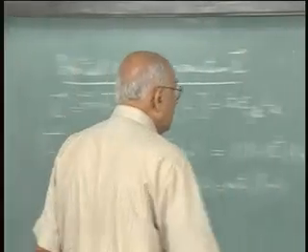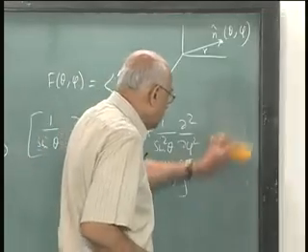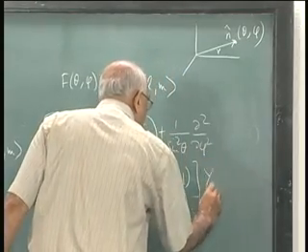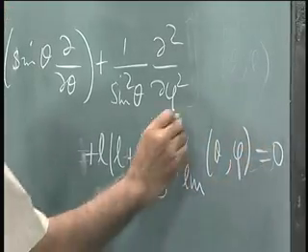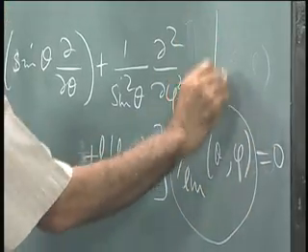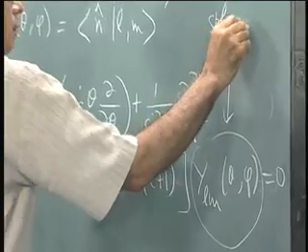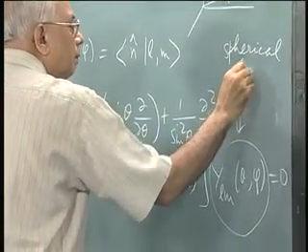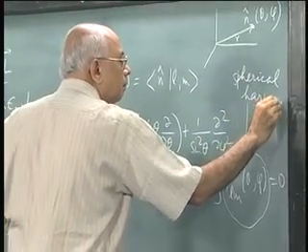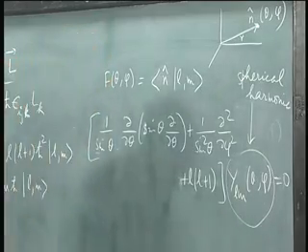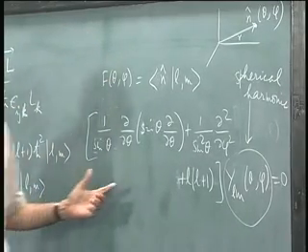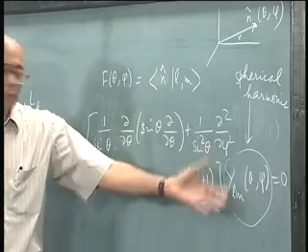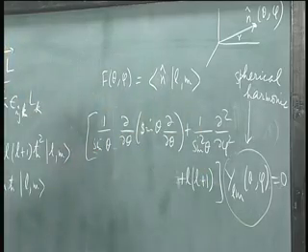So let us put that label in, and standard notation here is Y Lm of theta and phi. This function is called a spherical harmonic. It is a solution of a homogeneous equation which involves theta and phi, and it is some function labeled by two quantities L and m.